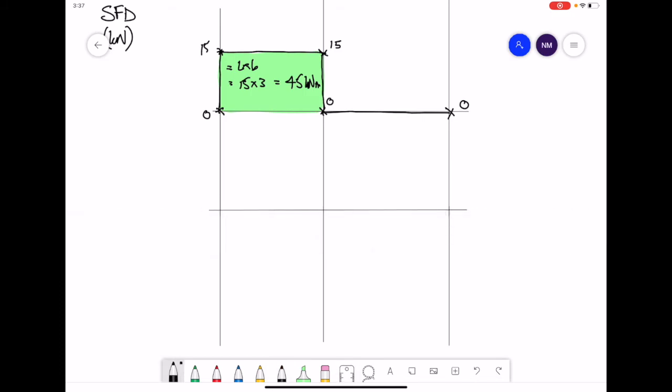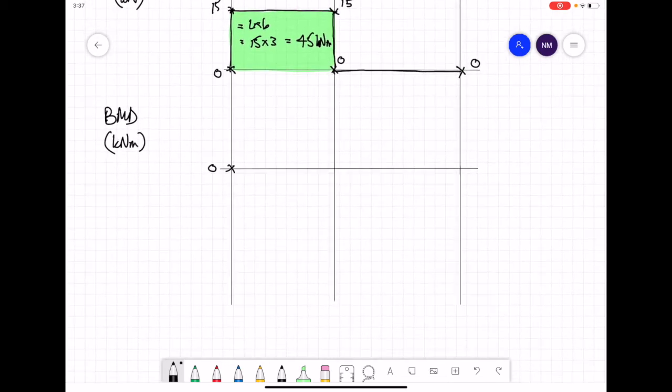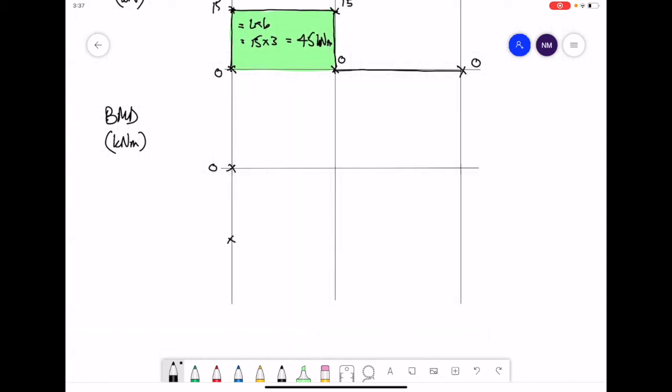This will be our bending moment diagram given in kilonewton meters. Going to be starting off at 0, and on the left hand side we have a moment applied anti-clockwise of 45, and that will cause us a drop to minus 45.